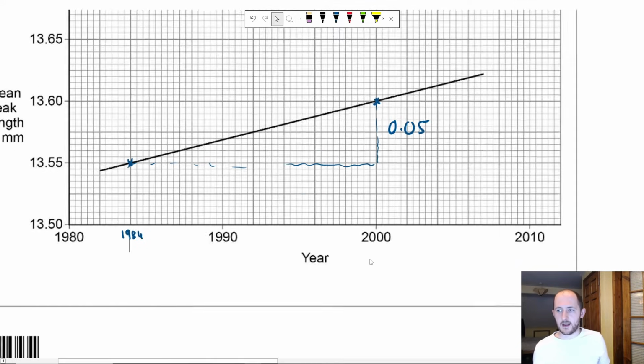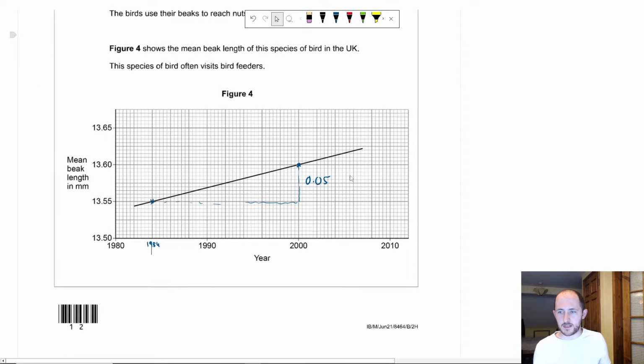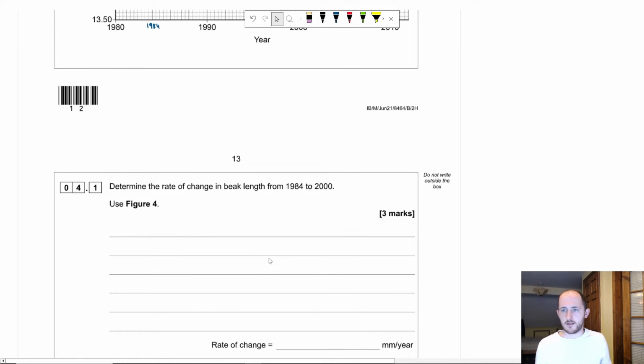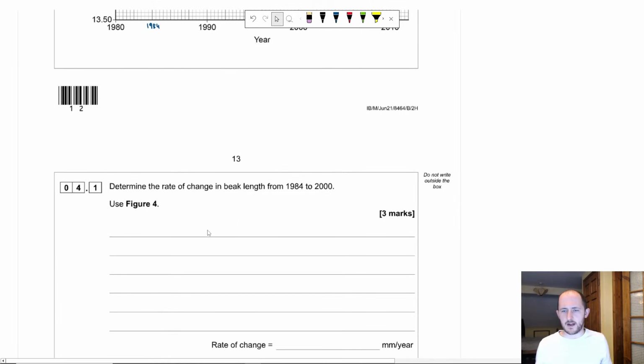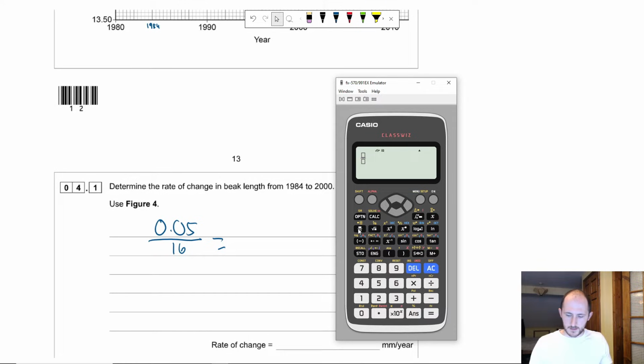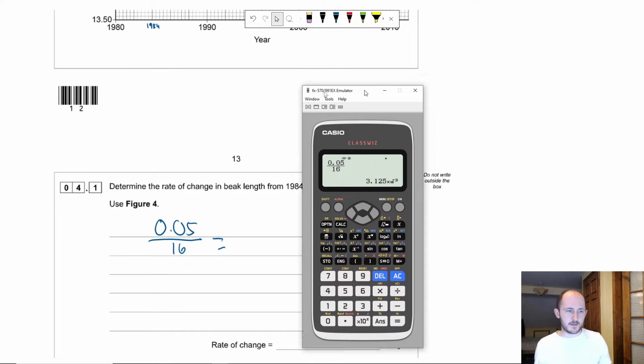So the actual rate of change is going to be 0.05 over... Actually, we can work out the difference now. That's 16 years in between. 0.05 over 16 equals 3.125 times 10 to the minus 3.